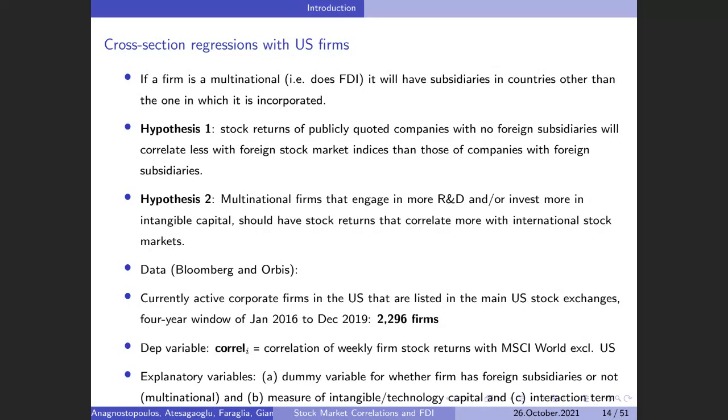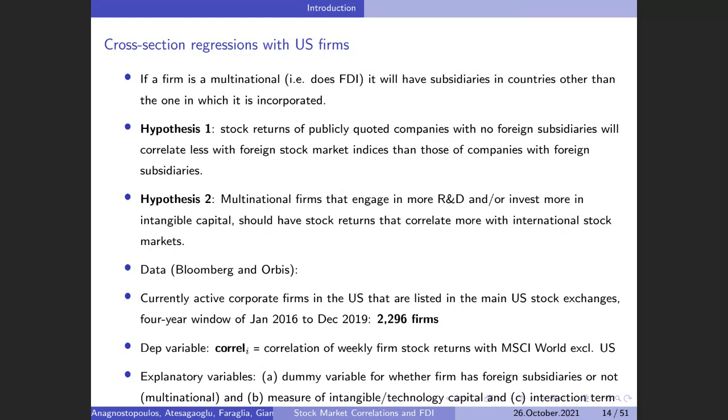Hypothesis one is that stock returns of publicly quoted companies with no foreign subsidiaries will correlate less with foreign stock market indices than those of companies with foreign subsidiaries, right? In the US we have multinationals and we have firms that operate only locally.